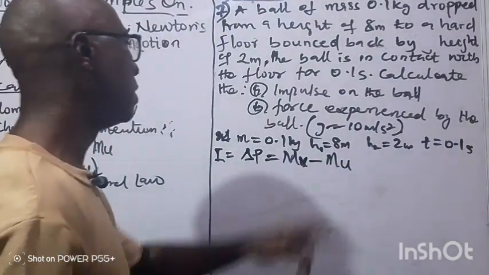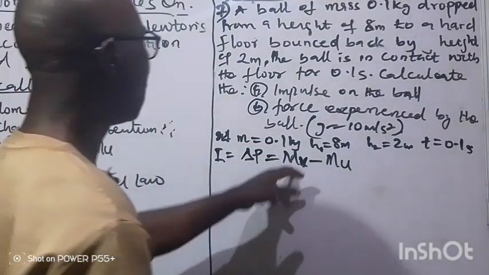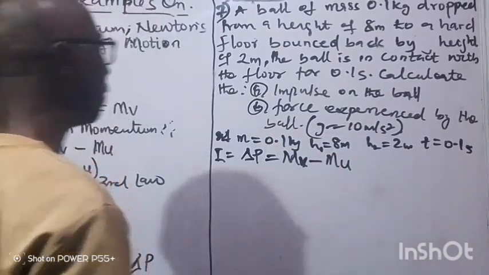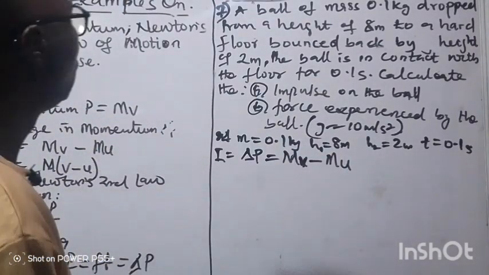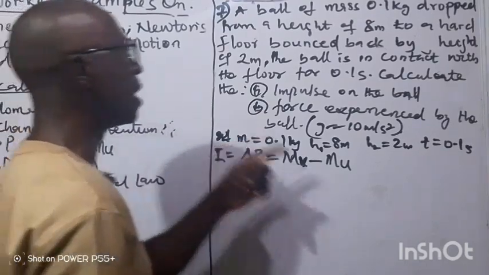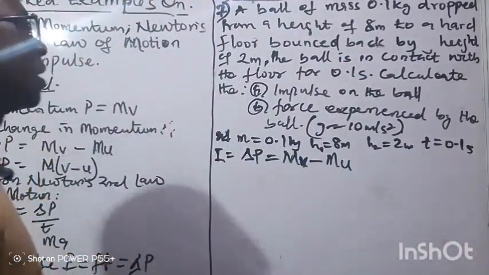How are we going to go about this one? Since m is known, but v and u are not known. Don't forget, on this platform we have done the topic motion under gravity. So we now go back to what we have done under motion under gravity to solve this problem.